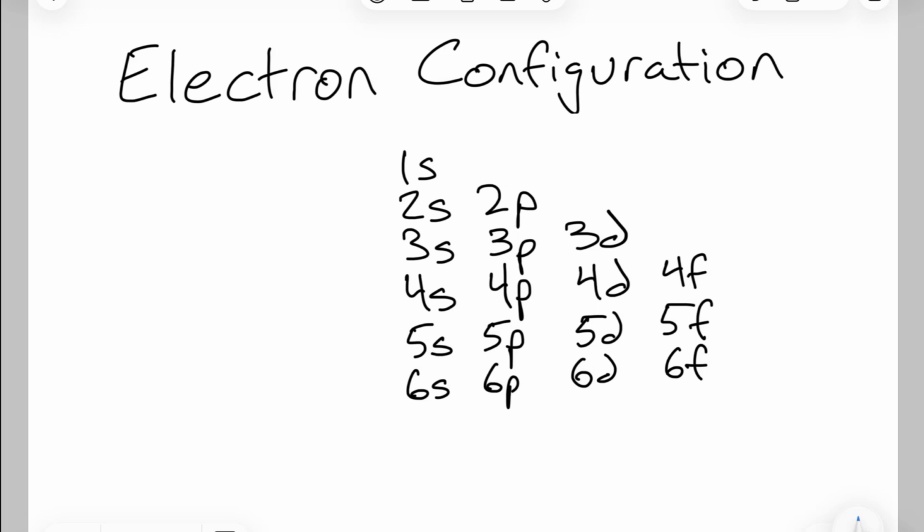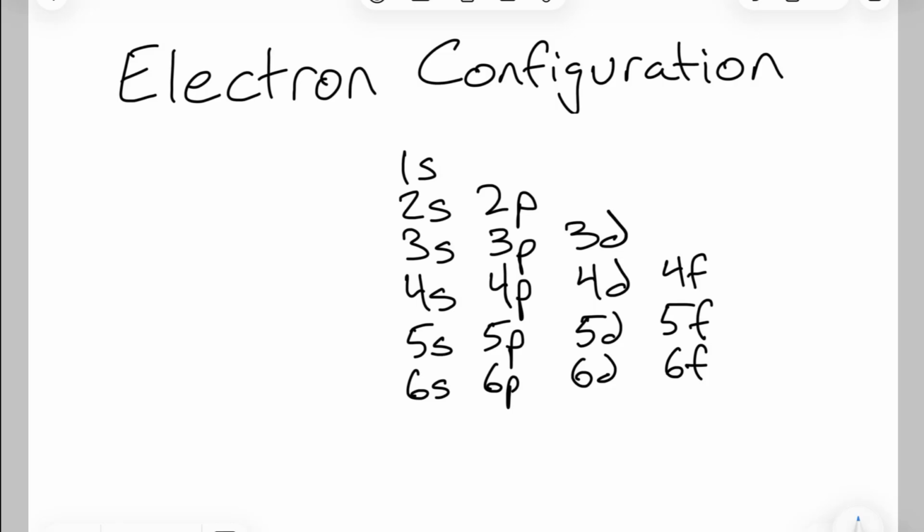In the 2 energy level, there are s's and p's, 2s, 2p's. In the 3rd energy level, you have s, p, and d. In the 4th energy level, you have s, p, d, and f. And then beyond that, we don't add any more letters. So there are only s, p, d, and f orbitals. So you have 5 s, p, d, and f, and then 6 s, p, d, and f.